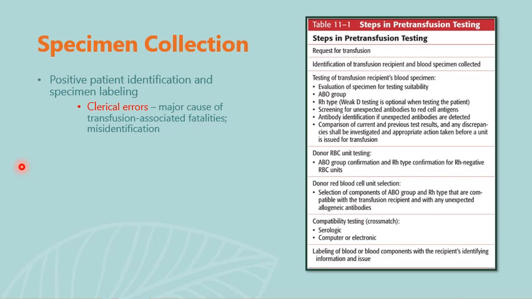Because clerical error is the major cause of transfusion-associated fatalities, syempre, greatest threat ito sa safe transfusion therapy. So, misidentification is the most common clerical error. Misidentification sa pag-draw ng blood or before transfusion itself.